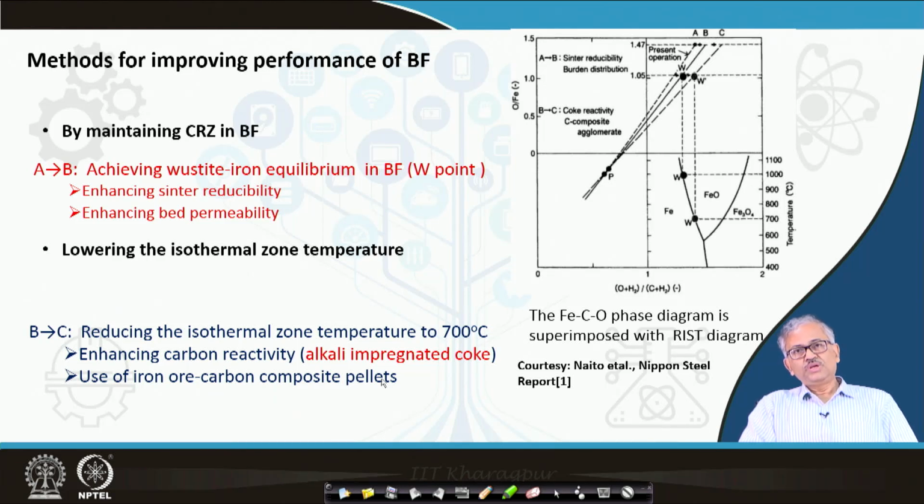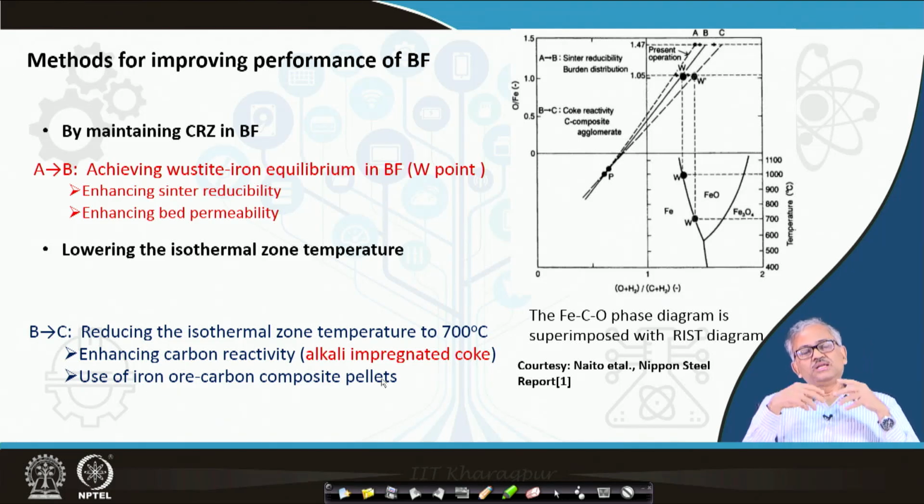If we can increase the gasification reaction, obviously the isothermal zone will come down because the thermal load of the solid will increase in the isothermal zone and gas will give more heat to the solid. As a result, the thermodynamic equilibrium will come at a lower temperature, 700 degrees centigrade say.